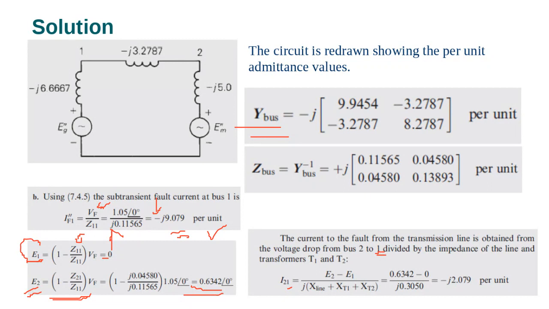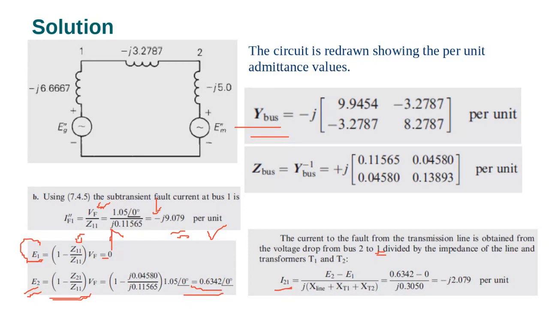The current from bus 2 will go to bus 1. That's the weakest point, the lowest, because the voltage drops to 0. Therefore, all the current will flow to that bus. So this is the current flowing from bus 2 to the faulted bus, which is bus number 1. So we call it I21, from 2 to 1. I12 means from 1 to 2. So this is from 2 to 1.